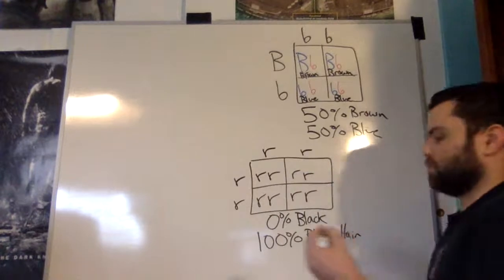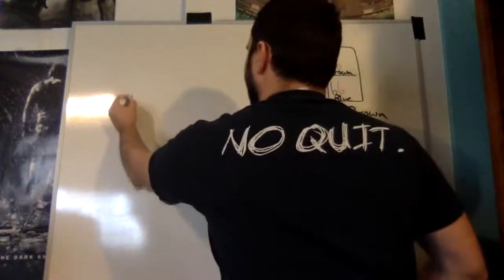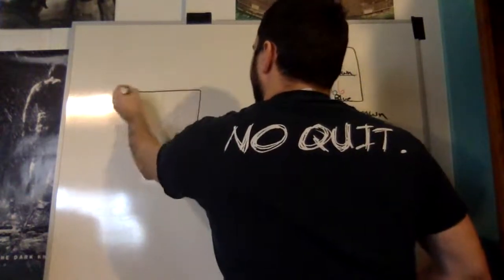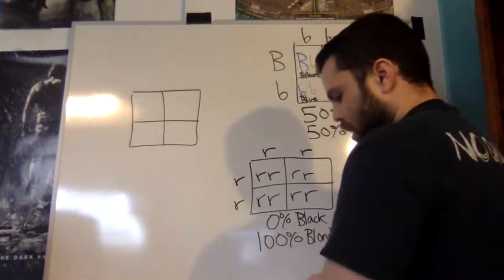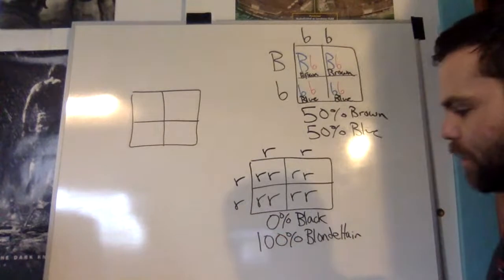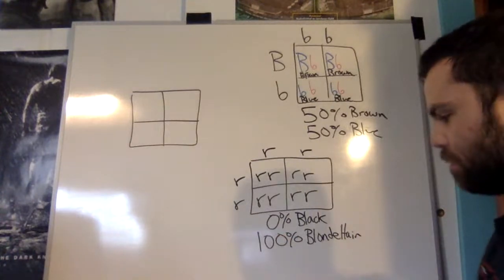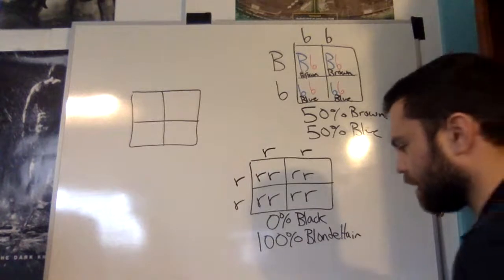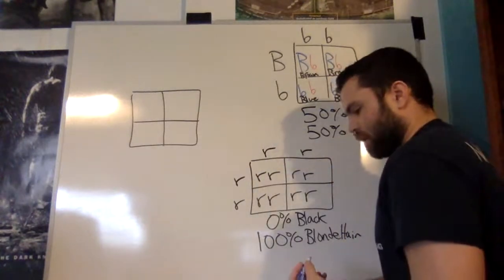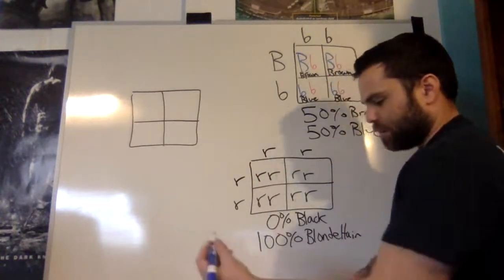All right, let's do the next one. All right, so if dad has uppercase B and lowercase b for brown eyes, okay, and your mom has uppercase B and lowercase b for brown eyes, what percent chance would their offspring have blue eyes?